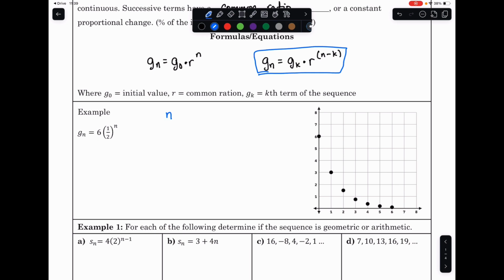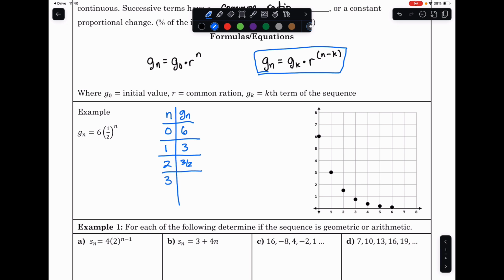We have our n values, and we have the corresponding g of n values. So g of 0 is 6. When n is 1, g of 1 is going to be 3. g of 2 is 3 over 2.